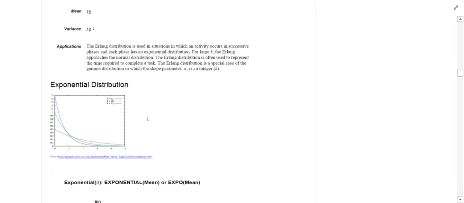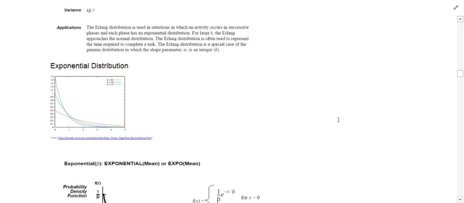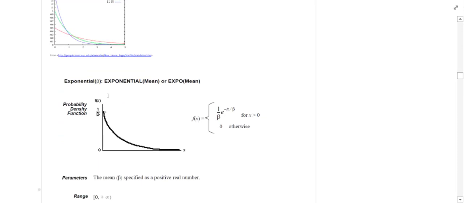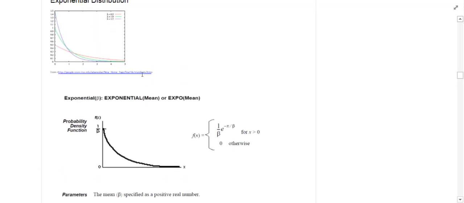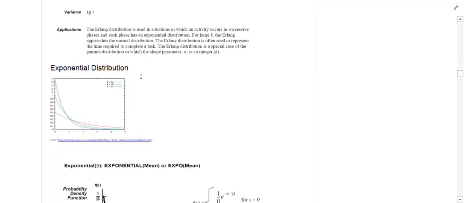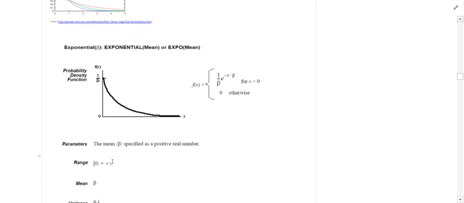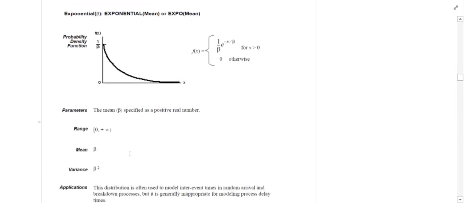Next on our list is the exponential distribution, and this is one I'm sure everybody's pretty familiar with, a pretty characteristic shape to it. Moving into the ARENA world, our probability density function is shown by this graph. The mean beta is specified by a positive real number. Just like the Erlang shown above, our range is 0 to positive infinity. The mean is beta.